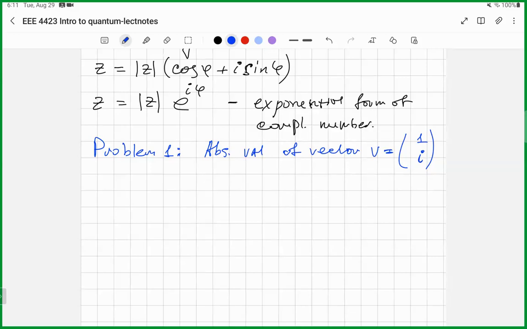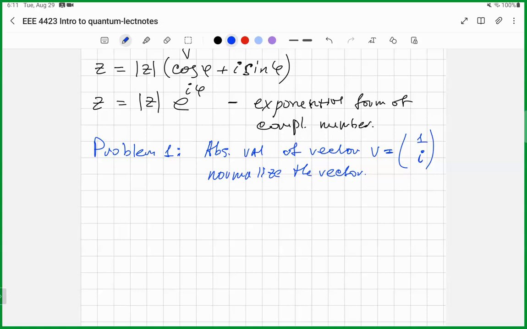So the absolute value of this vector, and on top of that, let's also normalize the vector. Normalize the vector. It means bring the length of the vector to 1. So only the direction of the vector matters, but the length of the vector is equal to 1.